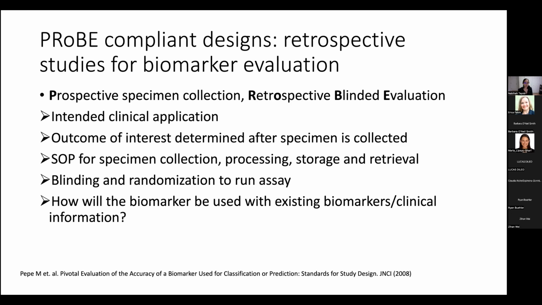And how will the biomarker be used with existing biomarkers and clinical information? This gets into what I was saying about the current use, and how this biomarker fits in with current practice. We'll go into this a little more later, but thinking about it before the study, at the study design stage, is key.